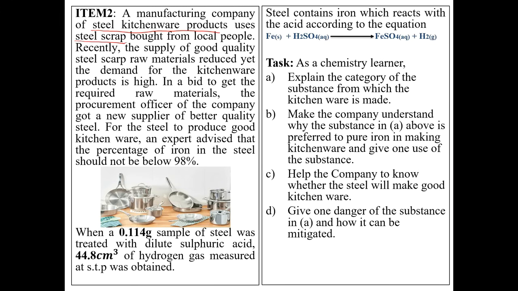Recently, the supply of good quality steel scrap raw materials reduced, yet the demand for the kitchenware products is high. In a bid to get the required raw materials, the procurement officer of the company got a new supplier of better quality steel.